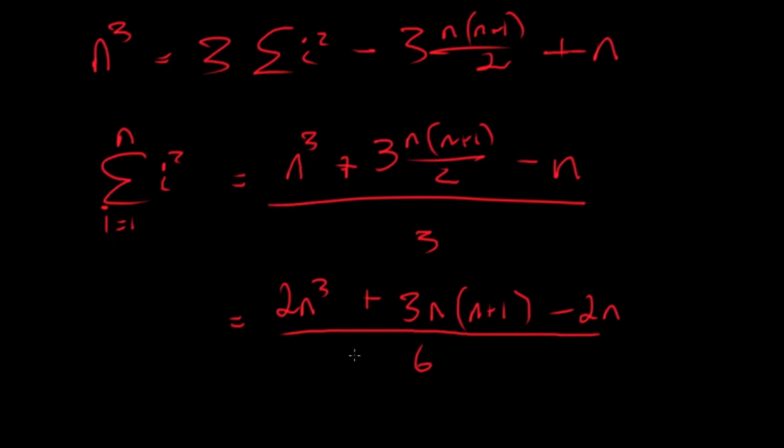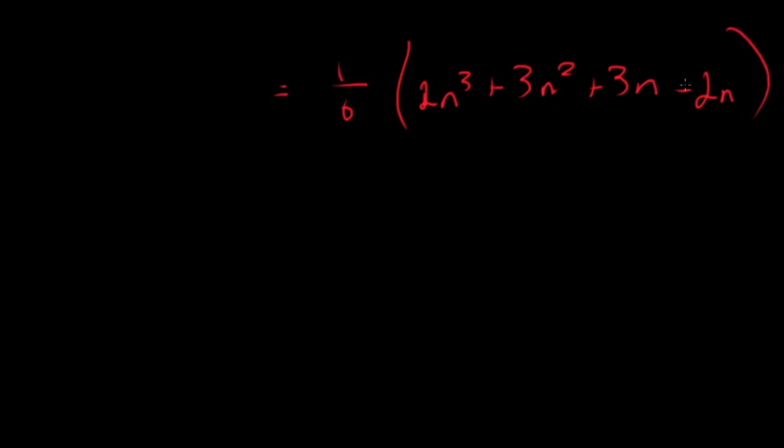Yep. And then if we move things around, well, if we distribute, we're going to get 2n cubed plus 3n squared plus 3n minus 2n. And then we can factor out an n.